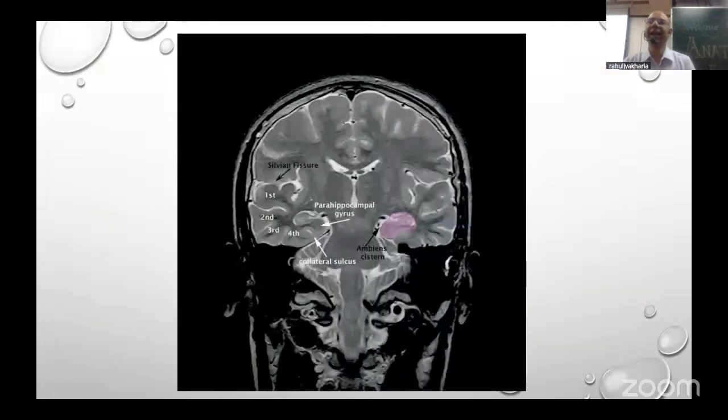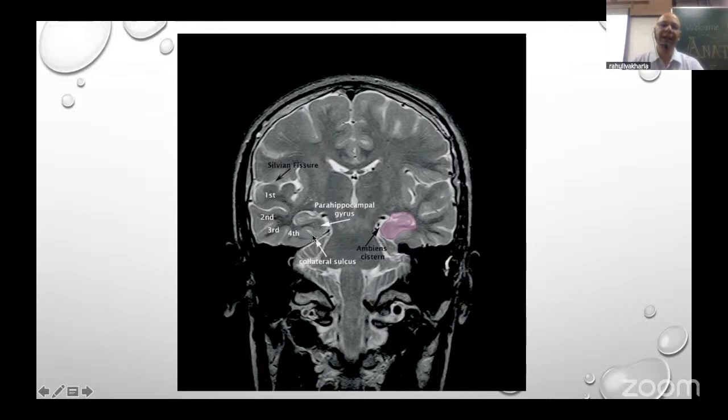Now this is the MRI, how it looks. For temporal lobe anatomy, we usually perform an MRI in an oblique coronal plane perpendicular to the hippocampus and the parahippocampal gyrus. This is the superior temporal gyrus, this is the middle temporal gyrus, and this is the inferior temporal gyrus.